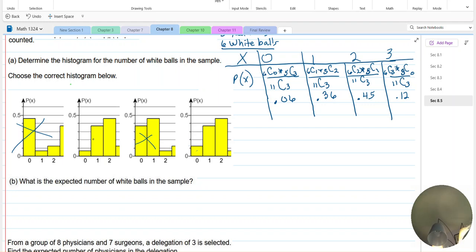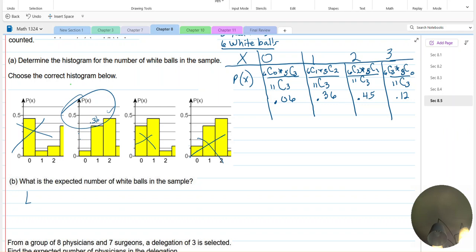The 1 is 3, 6: 1, 2, 3, and about 6. And the next one is 4, 5: 1, 2, 3, 4, and 5. Yes. So this one is the 1. And this was too big anyway. That is the 1. What is the expected value of the white ball in the sample?